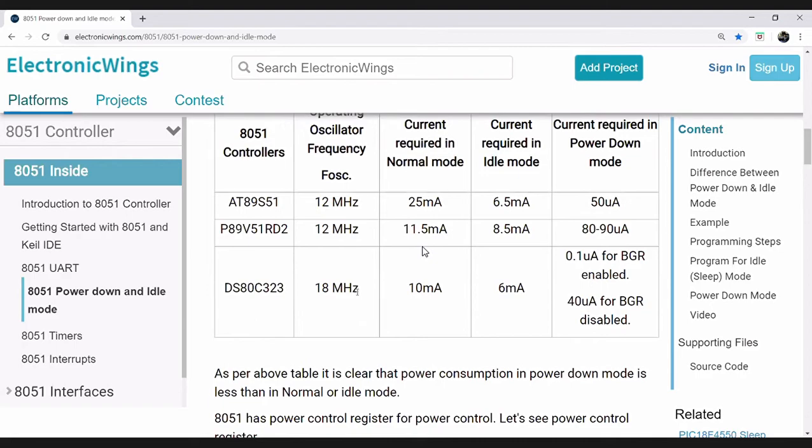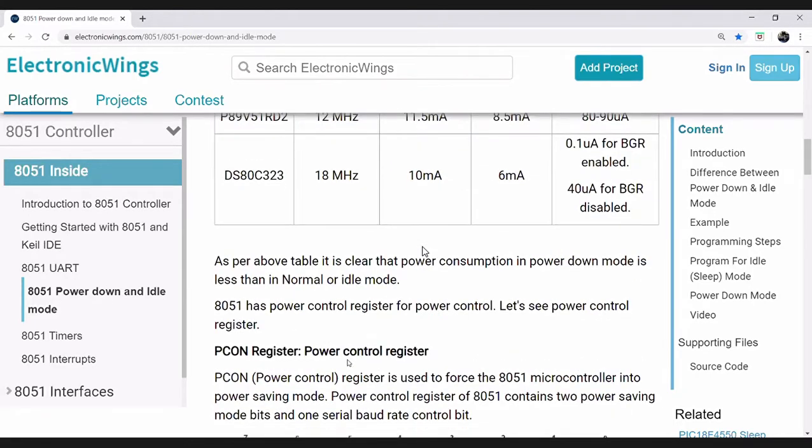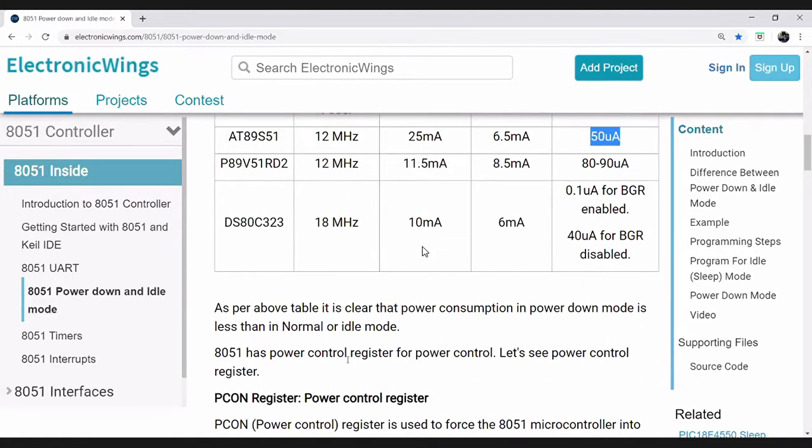Power consumption in power down mode is less because the current required is less here, because it's microamperes, right? Are you getting it or confused?